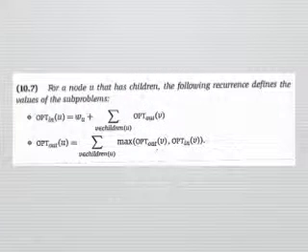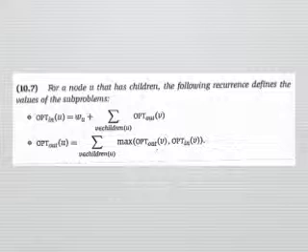Now that we have our subproblems, it is not hard to see how to compute these values recursively. For a leaf U not equal to R, we have OPT_out(U) equals 0 and OPT_in(U) equals WU. For all other nodes U, we get the following recurrence that defines OPT_out(U) and OPT_in(U) using the values for U's children. 10.7. For a node U that has children, the following recurrence defines the values of the subproblems.